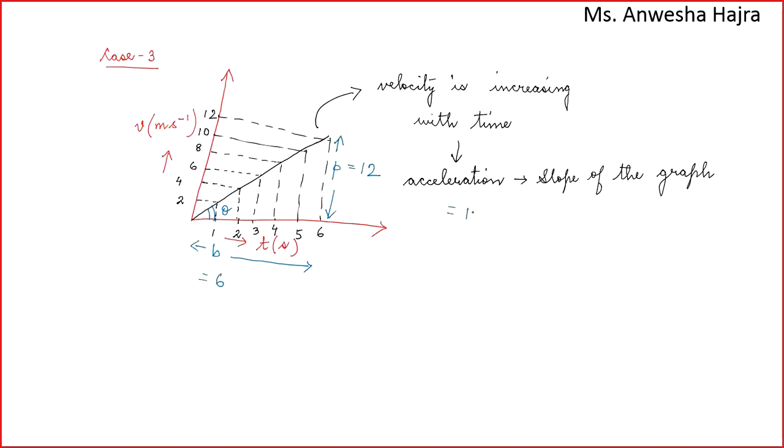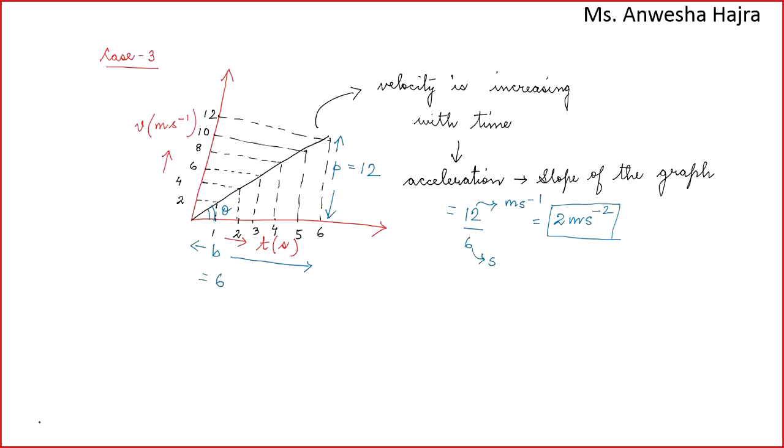So acceleration is 12 by 6. This is change in velocity, which is meter per second. Time is in second. So it is 2 meter per second square. So by finding out the slope, we can get the acceleration.